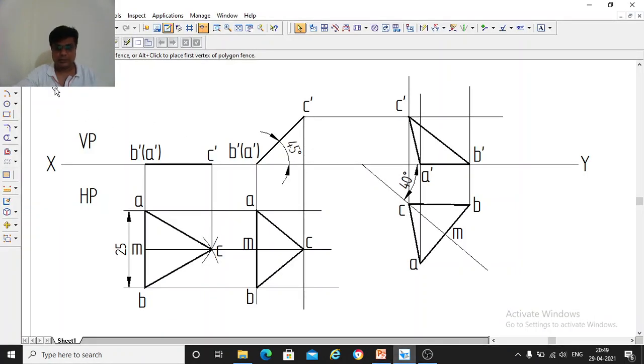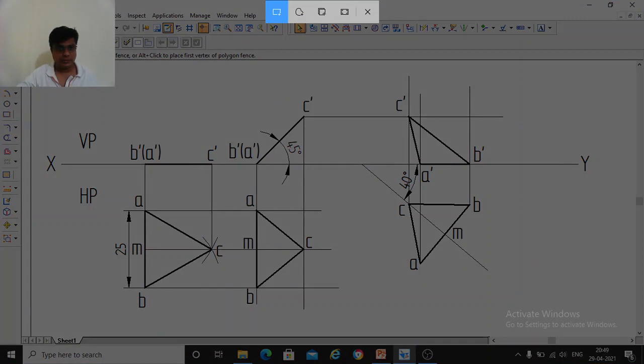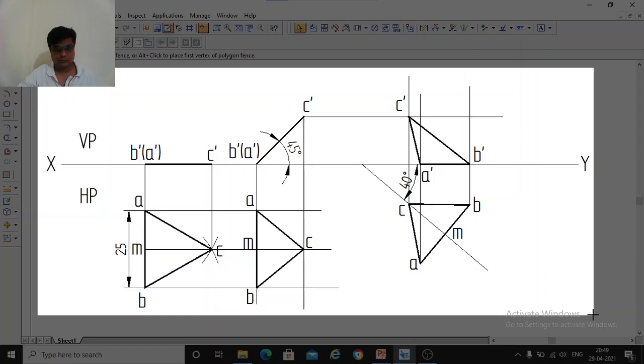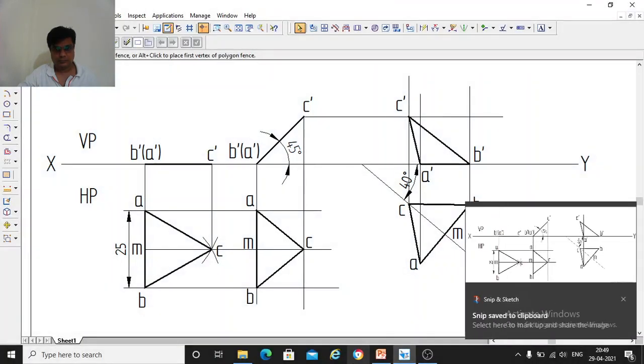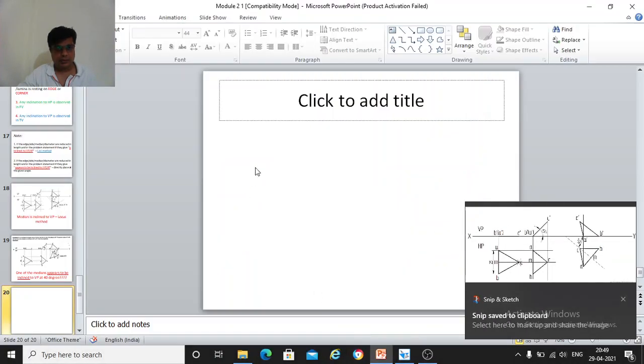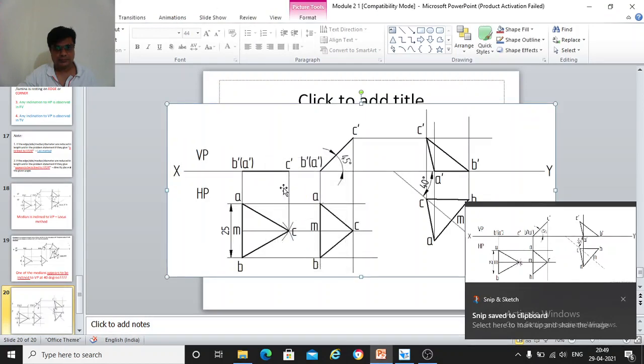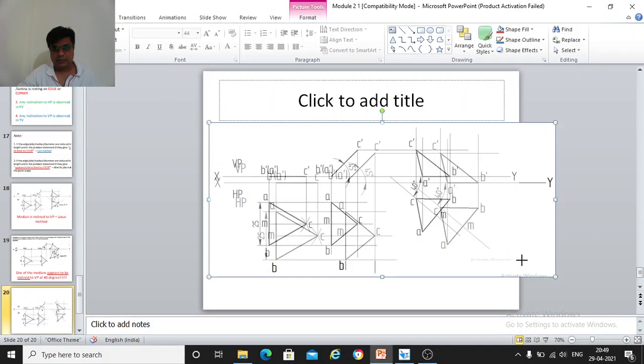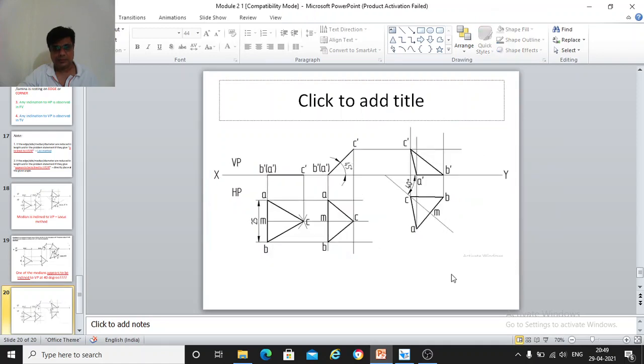I'll just copy this solution and place it here. You can see it later when we give the study material. It will be there.